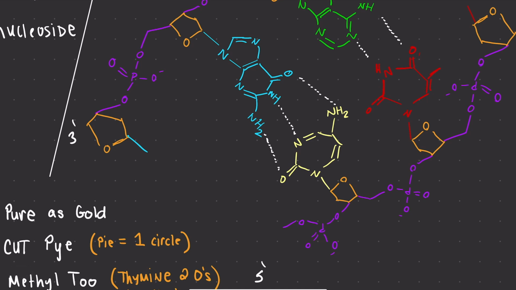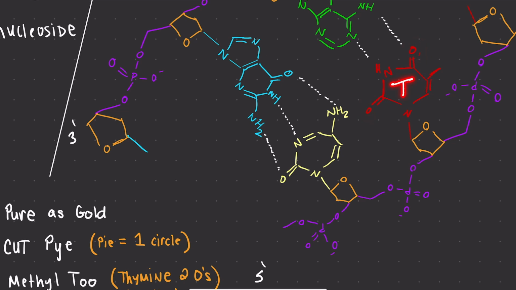Now, which one is which? Well, I have the next memory device, which is "methyl 2." You add a methyl group. This one has the extra methyl group. This one does not. And the 2 means 2 oxygens, so this has 2 oxygens. And T represents thymine, so this must be thymine.